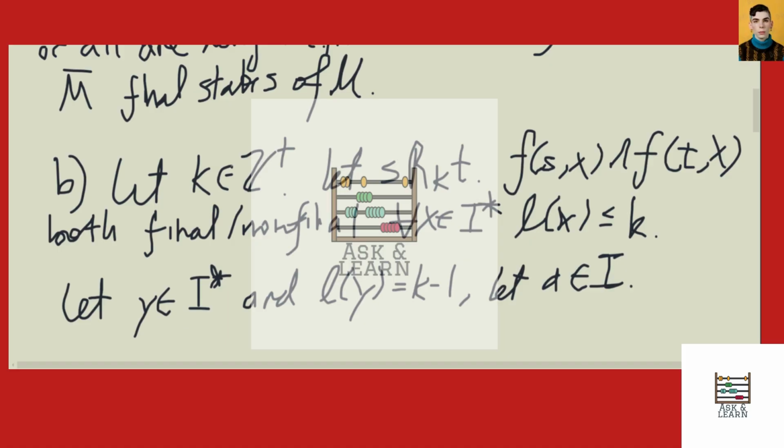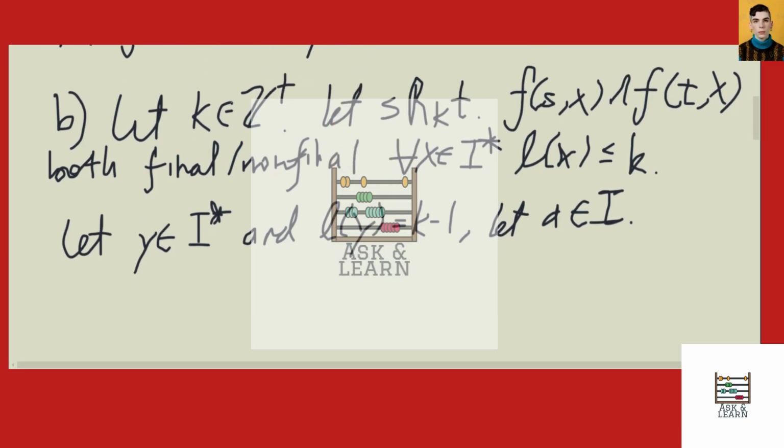So since y is an input string of length at most k, it follows that s is k minus 1 related to t. Now ya is a string of length at most k.